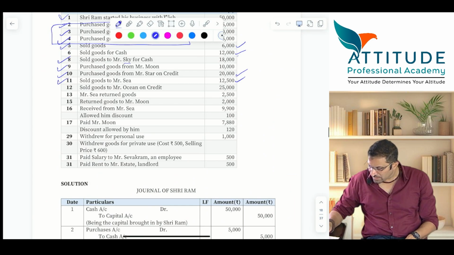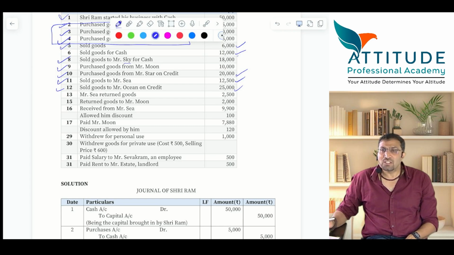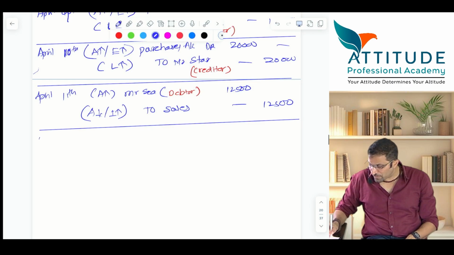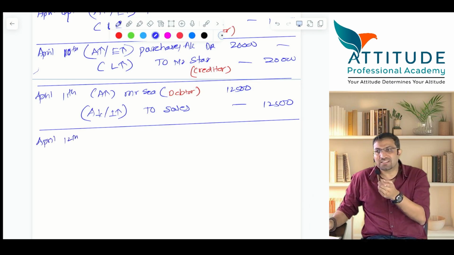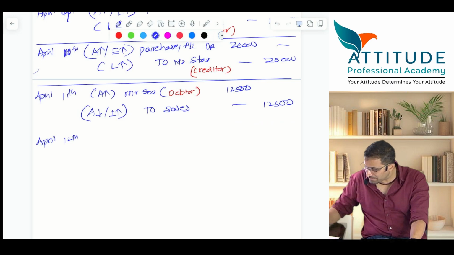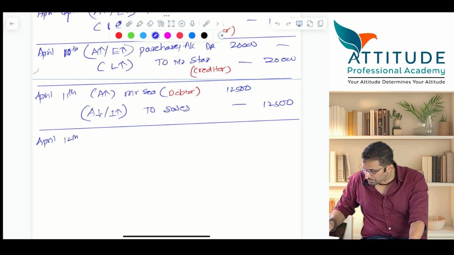Okay. 12th one. Sold goods to Mr. Ocean on credit. Clear cut they have given it is on credit. So same explanation. What did you get? You got the promise from Mr. Ocean. So benefits are received or receivable? Benefits are receivable. Any benefit receivable is always an asset. Asset increases. Mr. Ocean is a debtor.